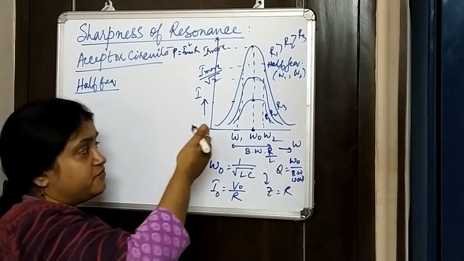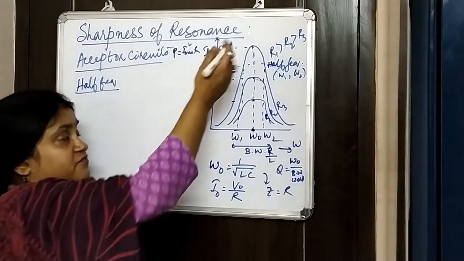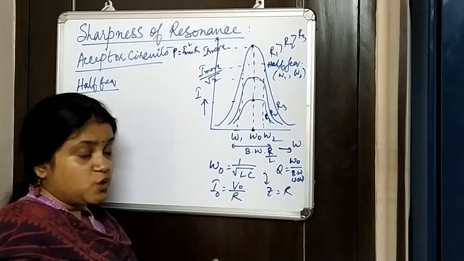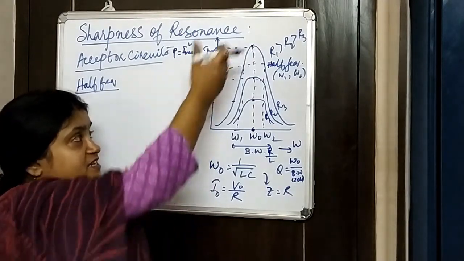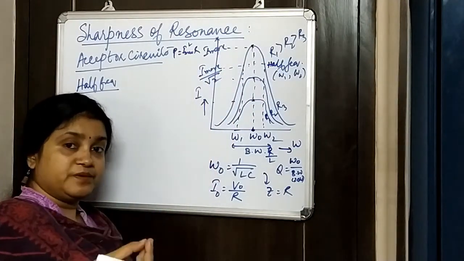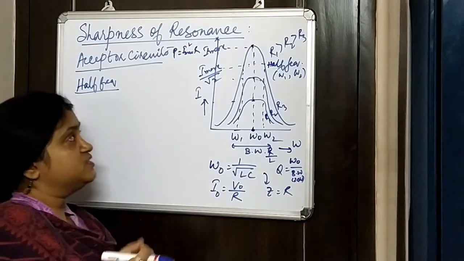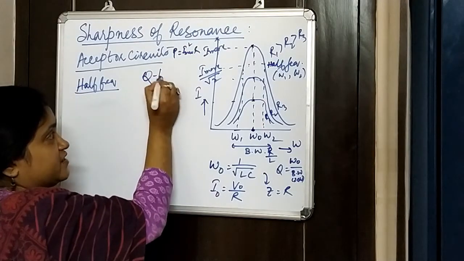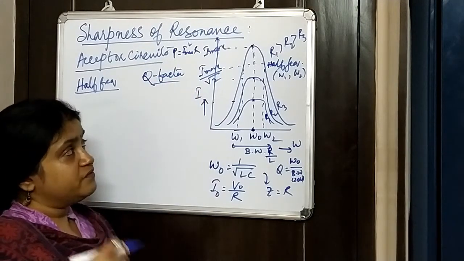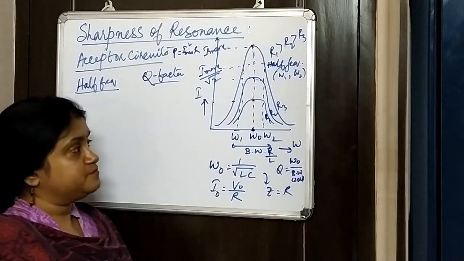If I have to define the sharpness of the curve, then from the peak, on both sides, how fast or how steeply the current is falling is called the sharpness of the curve. That sharpness is defined with something called the Q factor or the quality factor of the circuit. Before going to quality factor, we need to know a few more terms.